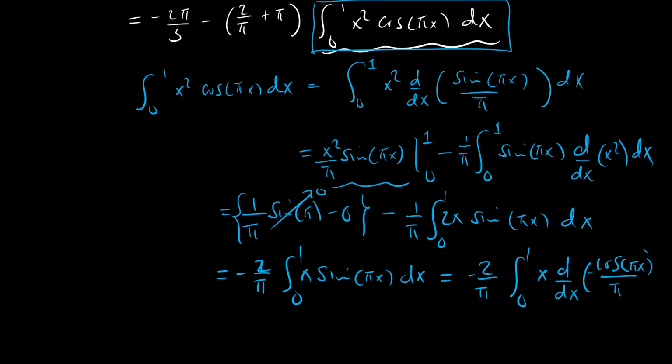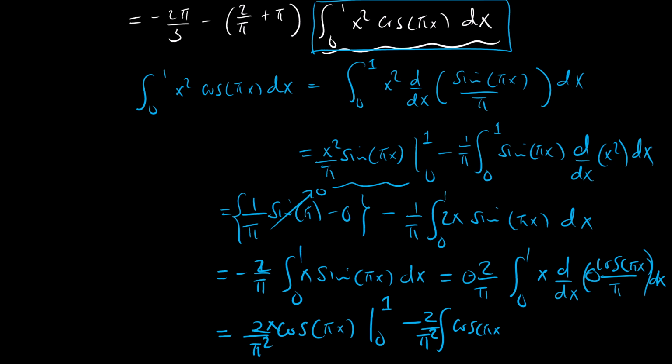Negative over pi. And we can use integration by parts again, so our uv, this negative and this negative interact, so we have 2 over pi squared cosine, there is an x obviously here, pi x from 0 to 1, minus 2 over pi squared cosine pi x, the derivative of x. Okay.